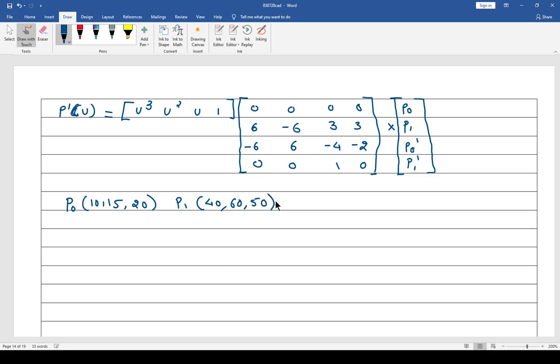Then I have another vector, my P0 dash will be 1 1 and 1. So this is my tangent vector at point 1. Similarly I have P1 dash, maybe 2 3 4.